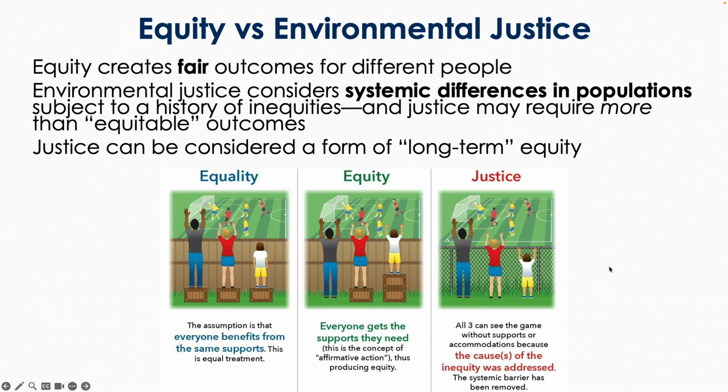So environmental justice thinks about correcting systemic differences in populations who may have had a history of inequities, and in this case, to address environmental justice, you may actually have equitable outcomes. Well, I shouldn't say non-equitable. You create fair outcomes for different groups, considering all of those past harms, which, in the absence of, may not necessarily look fair, right?